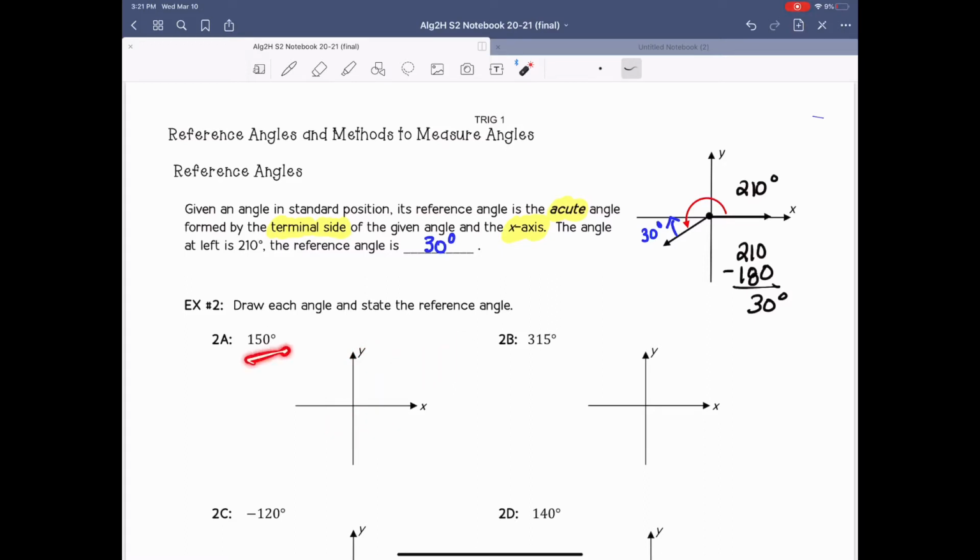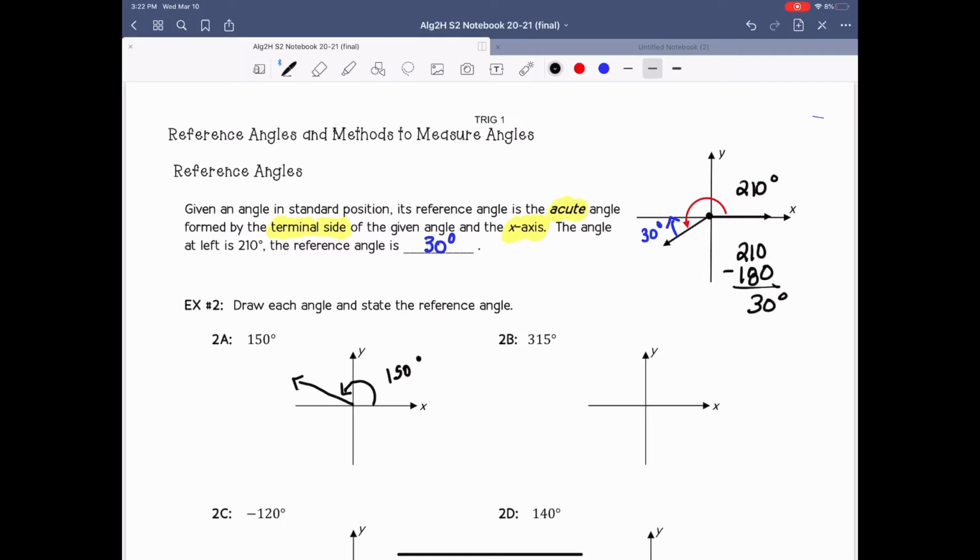So if I'm going to draw 150, I need to think to myself, which one of these landmark angles is 150 closest to? Well, I know that 150 is kind of close to 180, and 180 is that half rotation around the circle. So 150 is going to have to be a little bit less than that half rotation. So I'm going to say that 150 degrees is this angle measure right here.